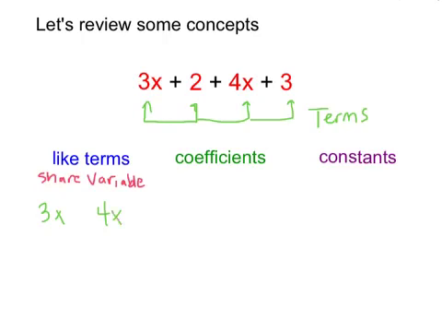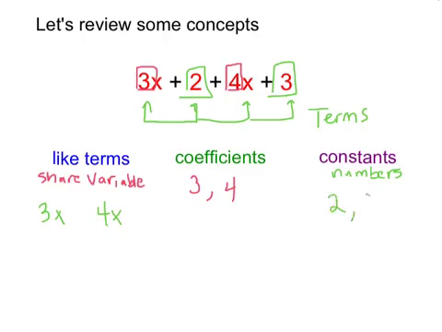Now if we look at the coefficients, the coefficient is the number that's multiplied in front of the variable. So in this case we have a coefficient of 3 and a coefficient of 4. And then the last thing, we have constants, which are just plain numbers. So these are just numbers, which is the 2 and the 3.